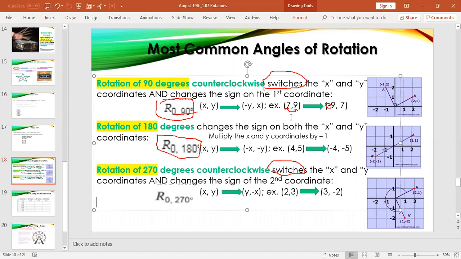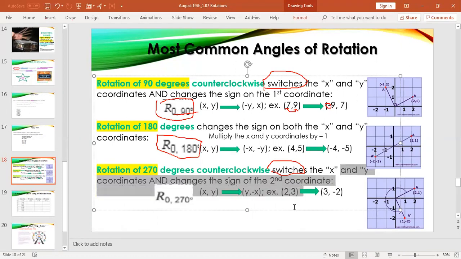The way to remember is that 180 doesn't switch X and Y, just multiply both coordinates by -1. Now 90 is the first angle of rotation of the 3 angles, and if you switch the coordinates, you change the sign on the first coordinate.